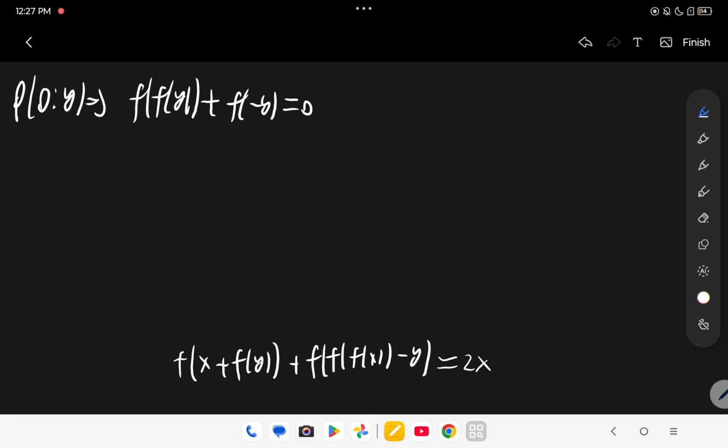So from here, we see that minus f(y) equals f(minus y).